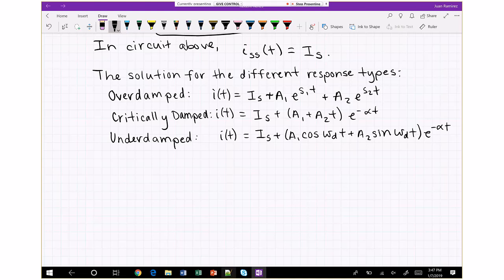Once you have those values, you may be looking for a different value: resistor current or resistor voltage, capacitor current or inductor voltage, current coming out of the voltage source, or voltage across the current source. As long as you have the capacitor voltage and or inductor current, you can do some basic circuit analysis to find the remaining ones.